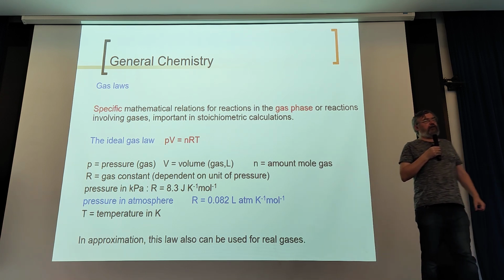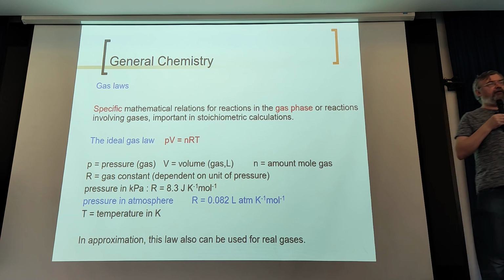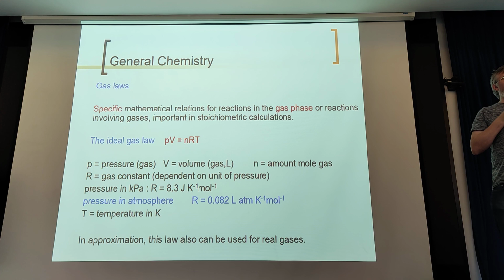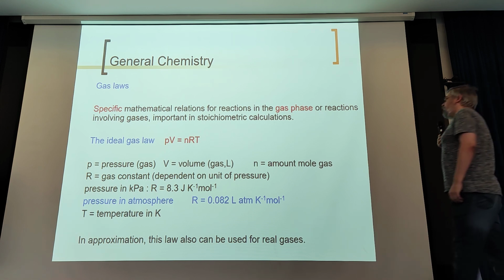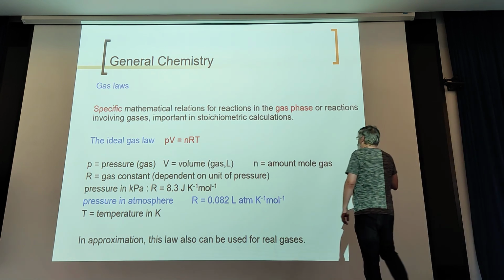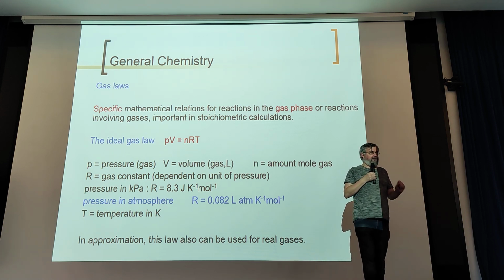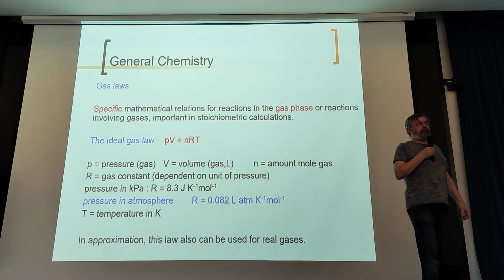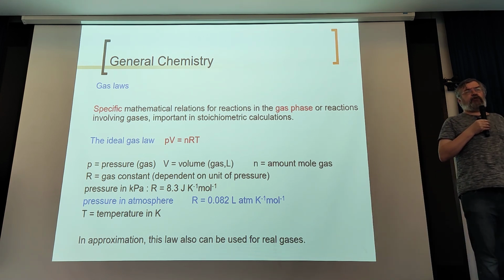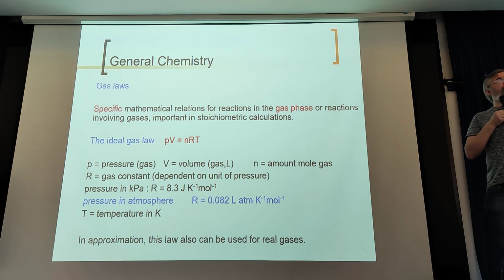Now, what is the value of R depends on the unit of pressure. If we use atmosphere, that is most common for pressure, then it's 0.082. Then T is the temperature, but be careful because it's a temperature in Kelvin, so-called absolute temperature.